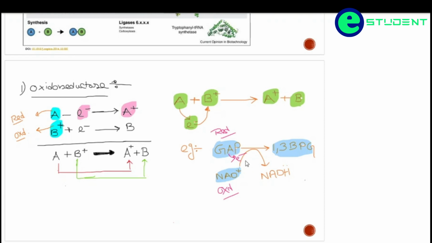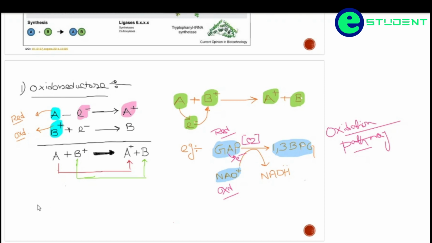So this is the oxidation reaction taking place here, and this is the only oxidation reaction which takes place during the glycolysis pathway. That's why glycolysis is called the oxidation pathway. I think you are all clear about the oxidoreductase enzyme and how it acts upon its substrate.